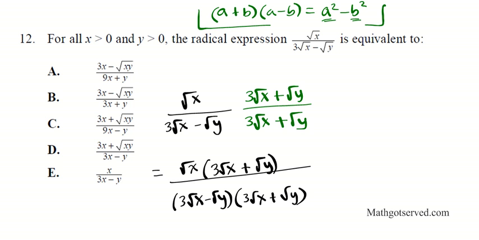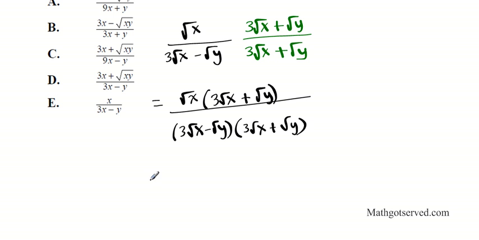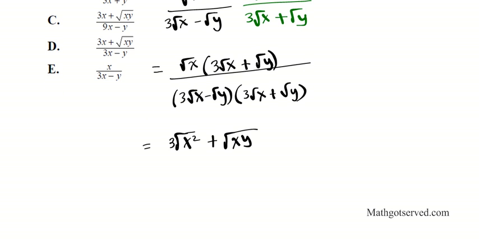Okay? Alright, on the top we just distribute. If we distribute, we're going to have 3 root x squared plus root xy. Notice, whenever you're multiplying radicals, you just multiply the radicands, okay? And that's how you do it. And then if they have any factor on the outside, you just multiply those factors also.